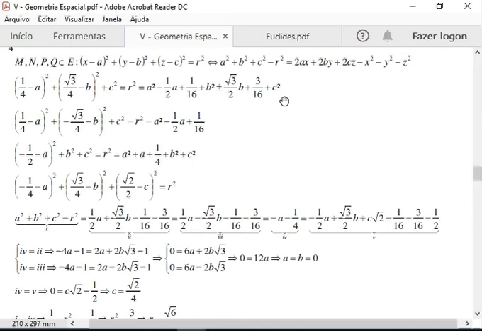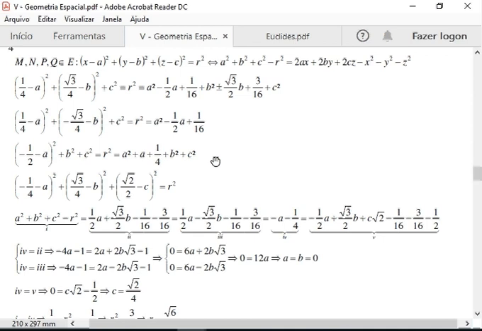Who is R²? The same for 1/4, minus √3/4, 0. Who is R²? The same for minus 1/2, 0, 0. Who is R²?